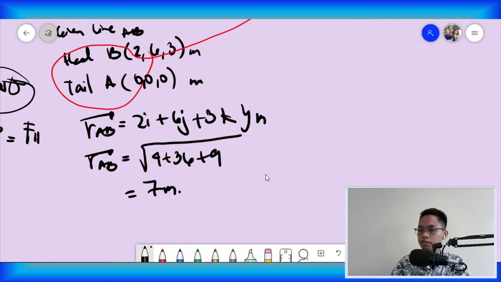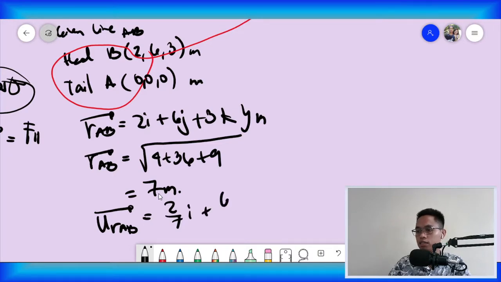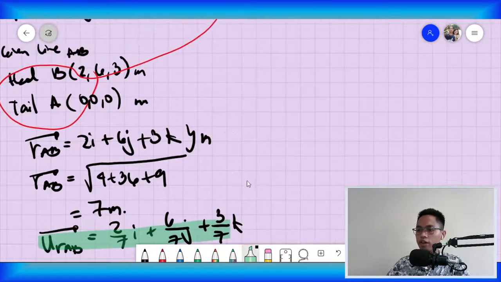So therefore, the unit vector of AB is 2 over 7 i plus 6 over 7 j plus 3 over 7 k. So automatically, we already have our unit vector.